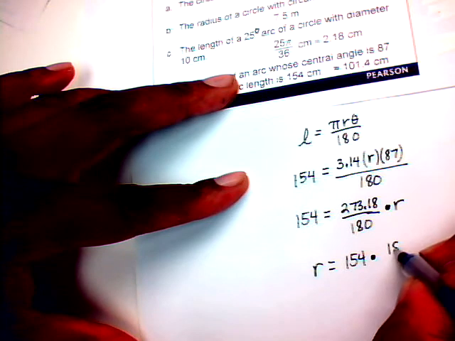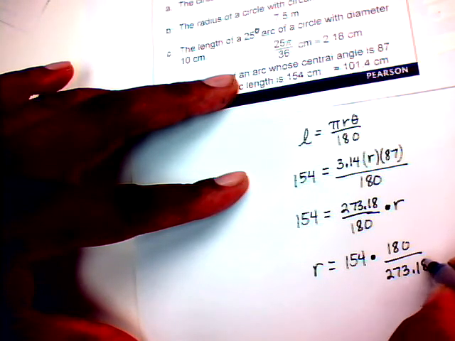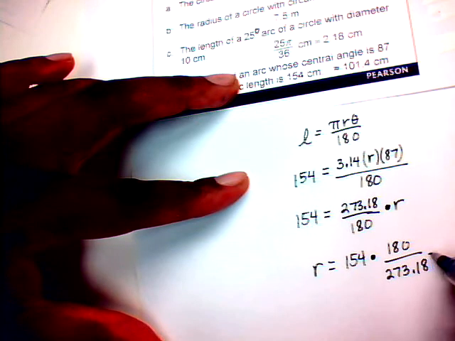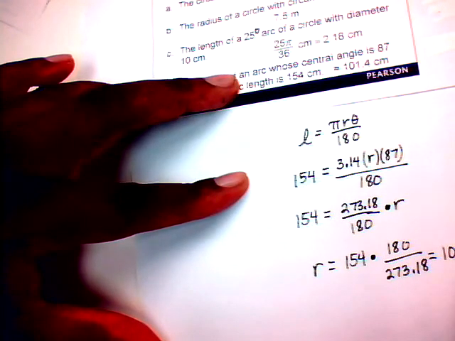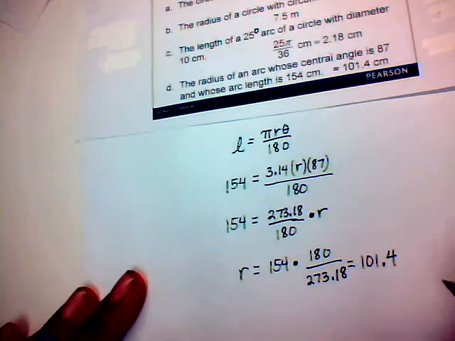And that's going to be 180 over 273.18. So 154 times 180 divided by 273.18. That's going to be approximately 101.4 centimeters.